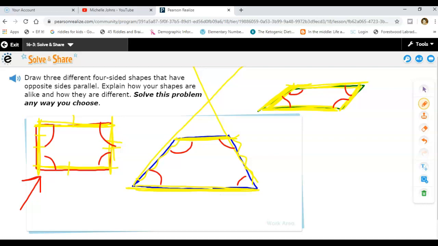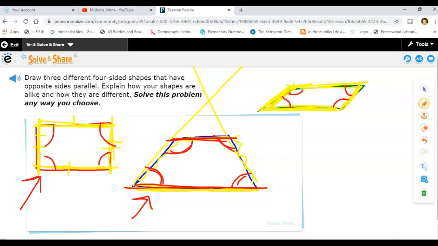When I look at my trapezoid here in the center, I notice that this figure is different than the others because this one actually only has one pair of parallel sides, whereas my other two figures have two pairs of parallel sides. And if I'm talking about my angles here, I notice that my bottom two angles are acute angles, whereas my top two angles are obtuse angles.